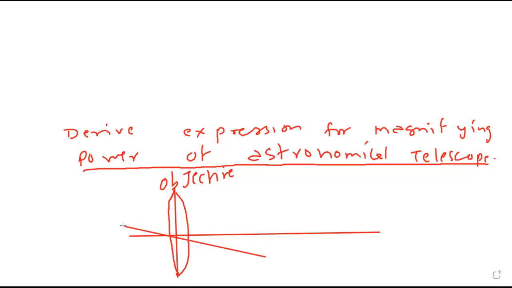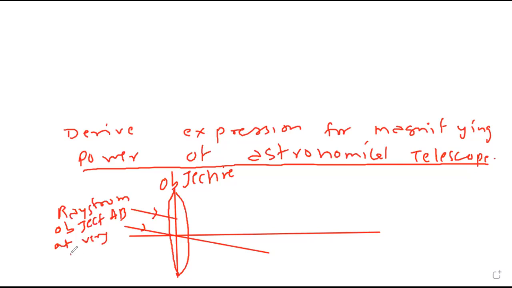Passing through the optical center, the ray will emerge out without any deviation or lateral displacement. Another ray will pass through the focal plane, not focus, because it is not exactly parallel to the principal axis. Here are the rays from the object AB at a very far distance.